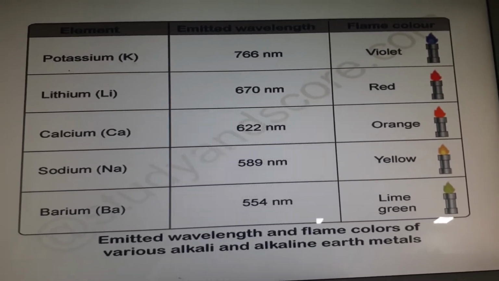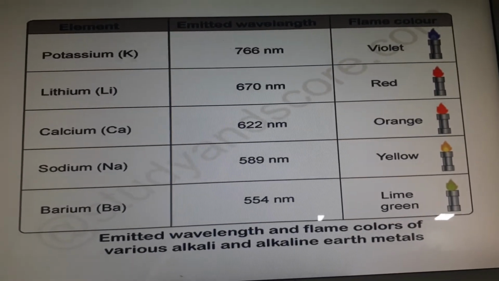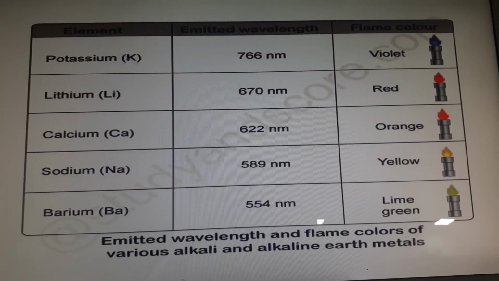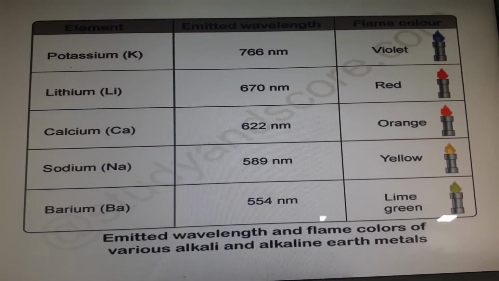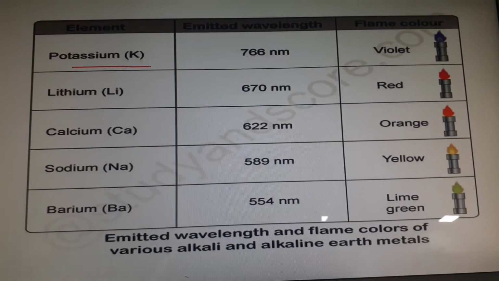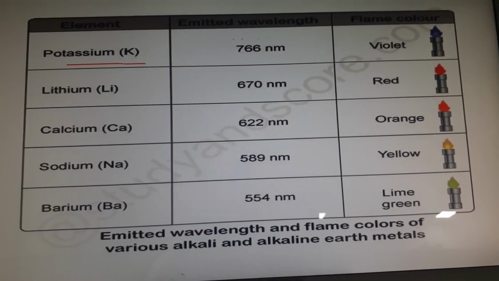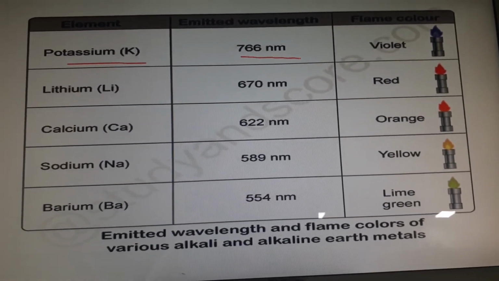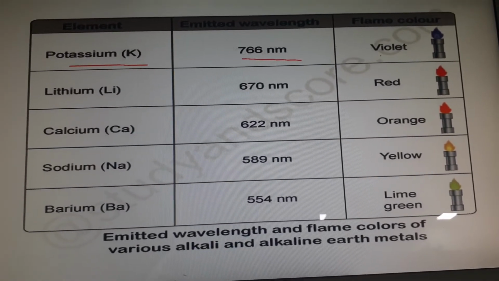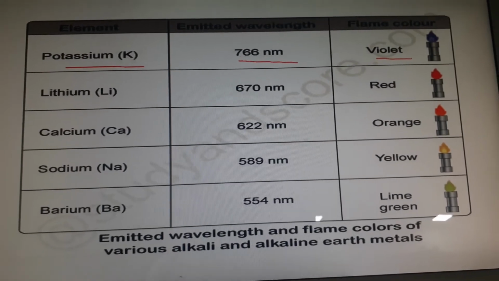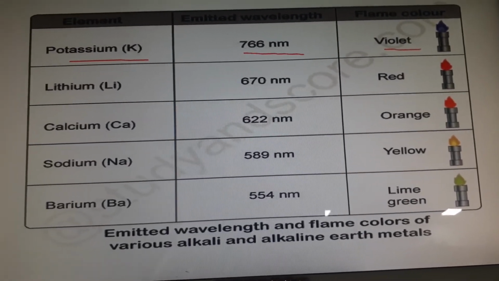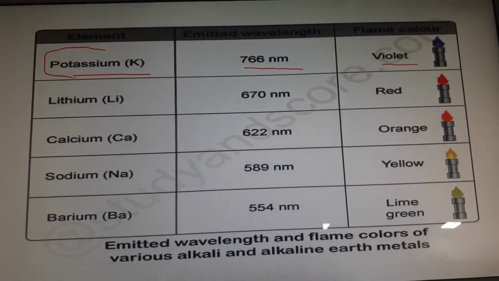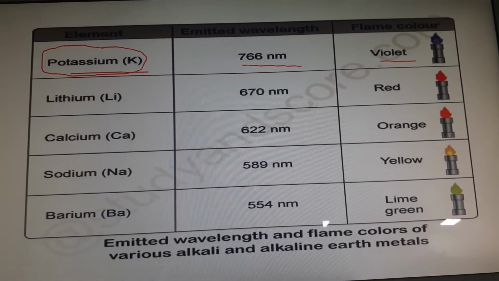As you can see in this table, these are the emitted wavelengths and flame colors of various alkali and alkaline earth metals. Potassium emits photons at a wavelength of 766 nanometers, and the color of the flame is violet. So if the color of the flame turns violet, it means the element present in the solution is potassium.